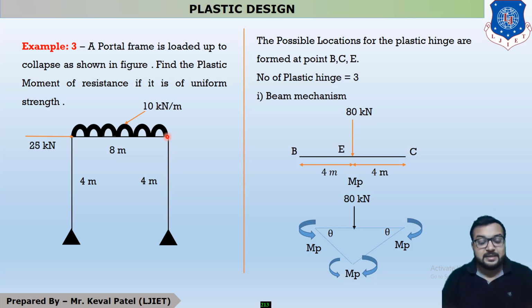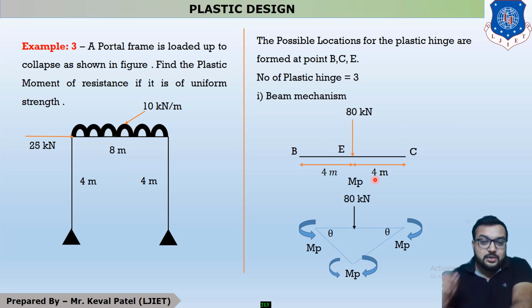Okay, and this length is the span of that beam. So this is your 10 kilonewton per meter, and this span is 8 meter. So 10 into 8, which is equal to 80 kilonewton. Okay, now if your whole dimension is 8 meter, then it is 4 and 4.